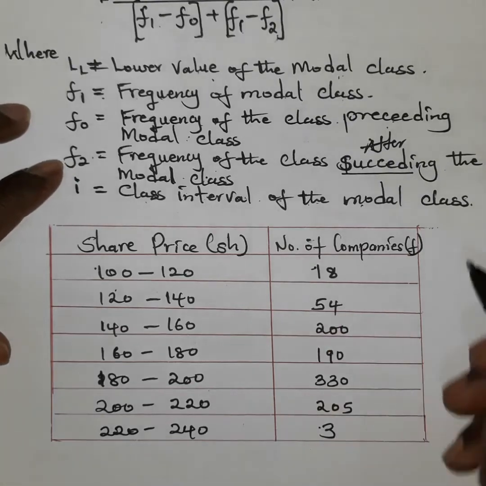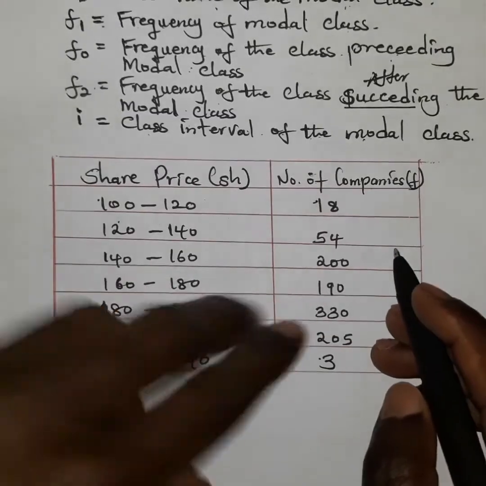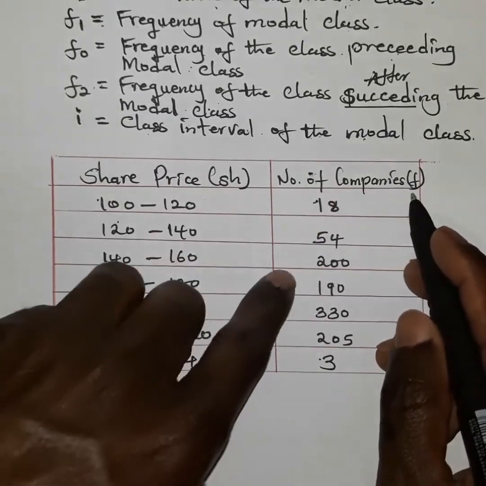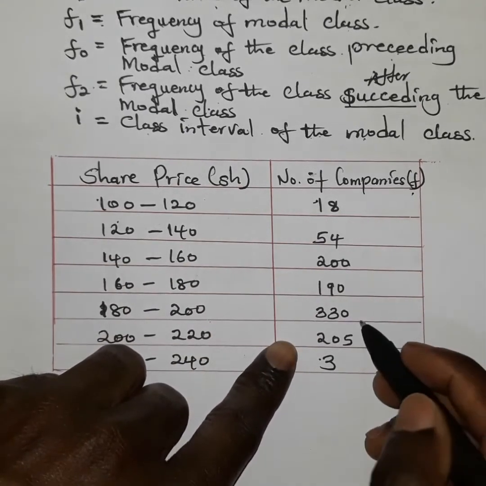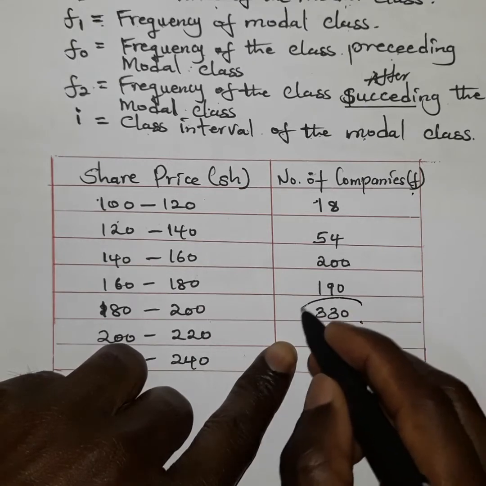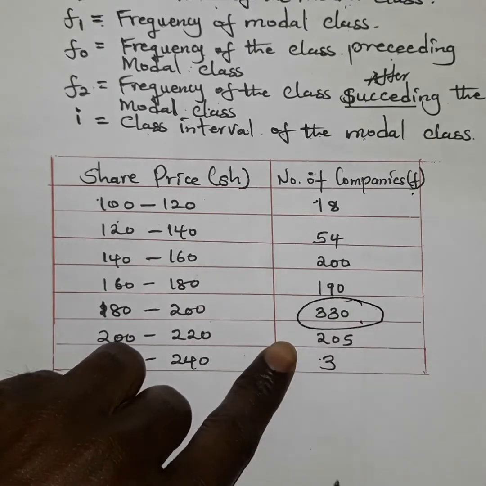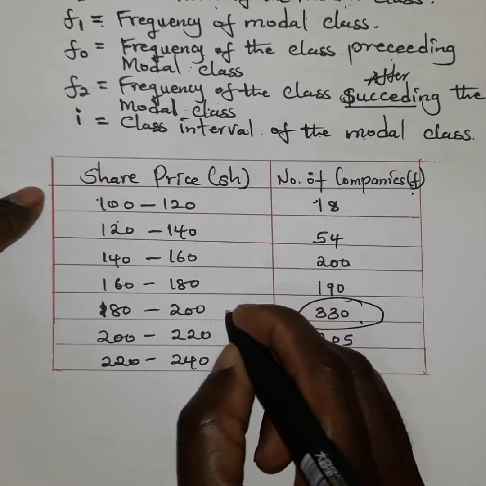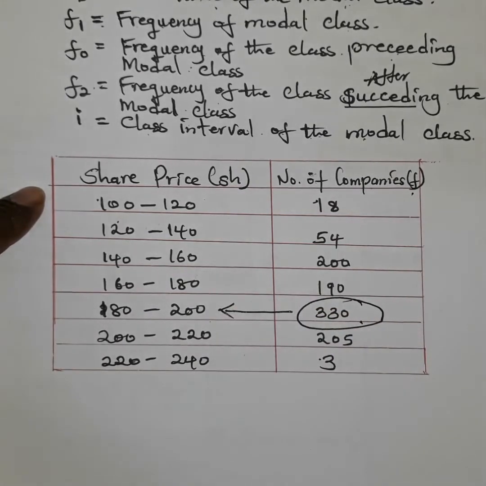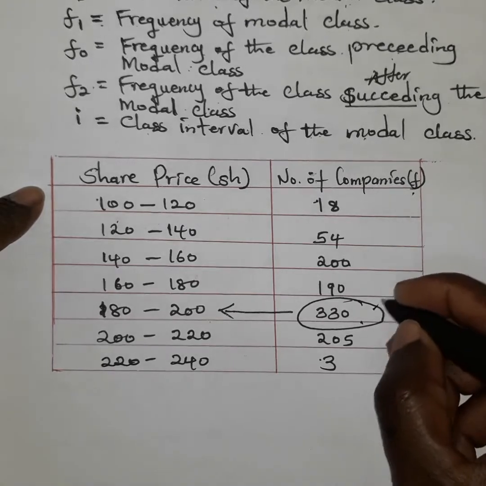If we examine the number of companies, which gives us the frequency, the number that appears most, the highest value is 330. So essentially we are going to use this particular class, which is given by the highest frequency.